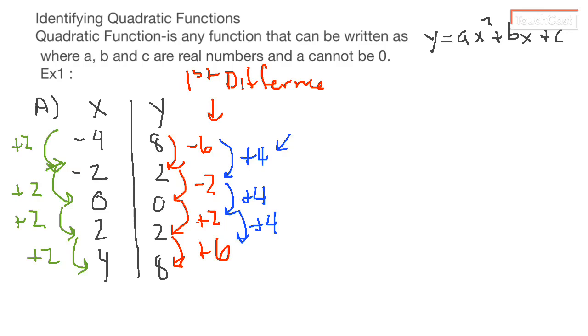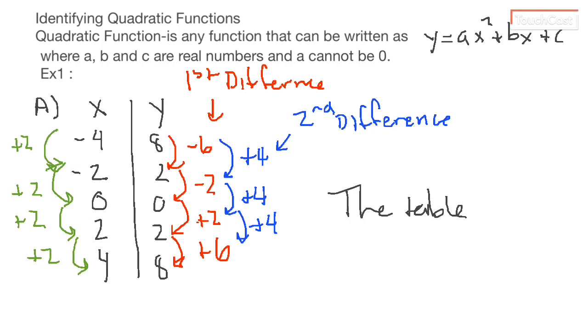This blue part we call a second difference, and if that is constant, then we have a quadratic. So the question is, is this quadratic? Our answer is the table represents a quadratic function.